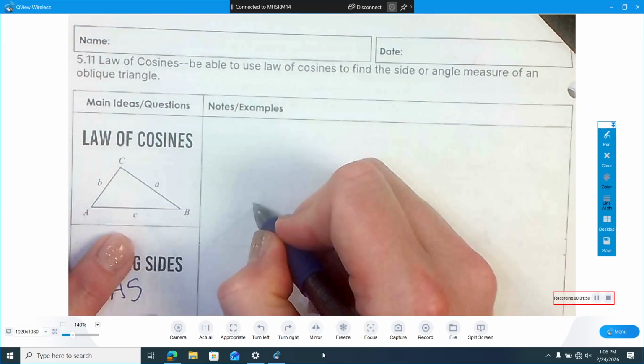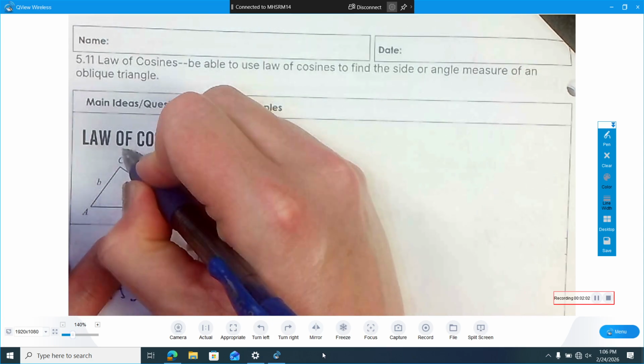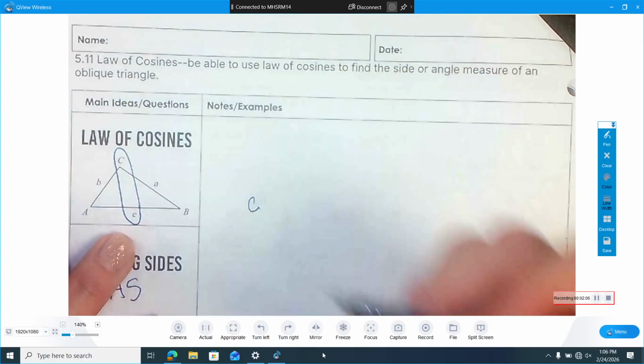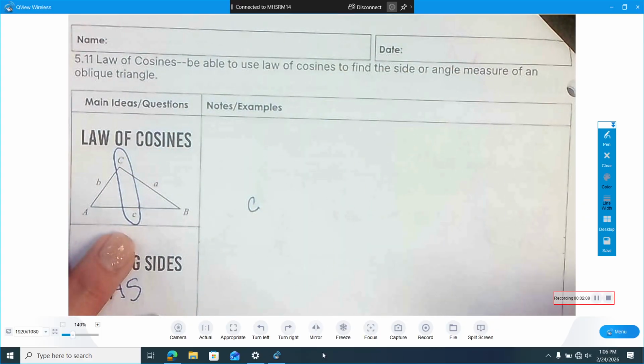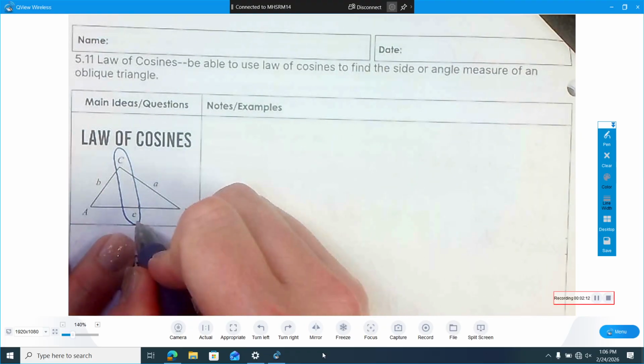If I want to find little side c, I'm going to circle my angle and this opposite side, and it's a nice little pattern.